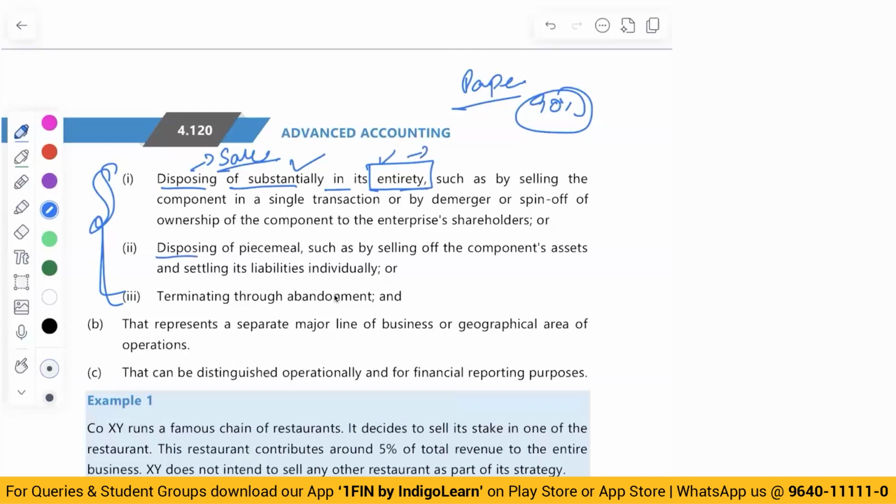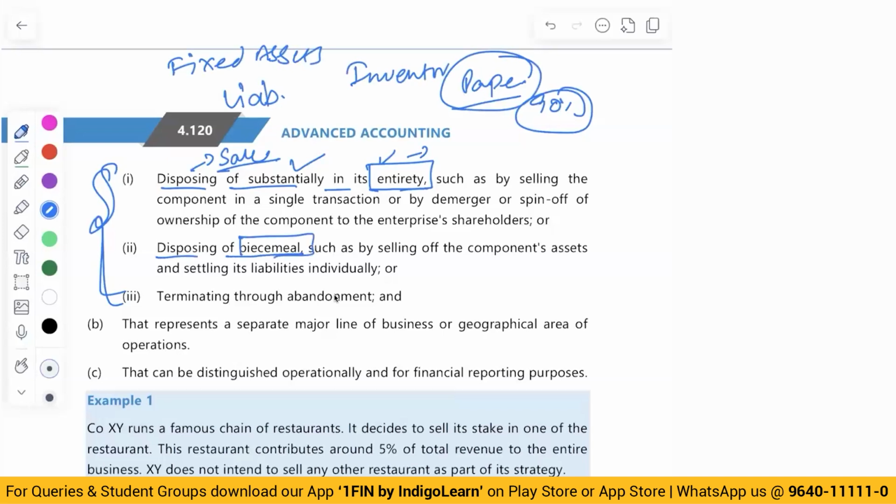Second, disposing of piecemeal. Now what is the meaning of disposing of piecemeal? I want to sell the paper division. I am not selling the business as it is. What I'm doing, I'm selling fixed assets separately to some entity. Inventory, I sold it off to somebody differently. Liabilities, I'm settling separately. So here it is happening on a piecemeal basis.